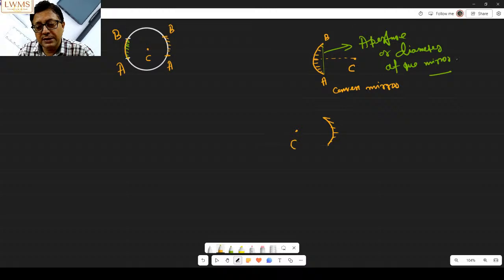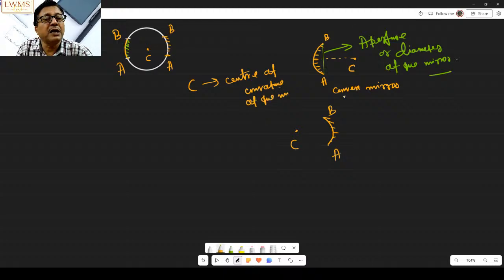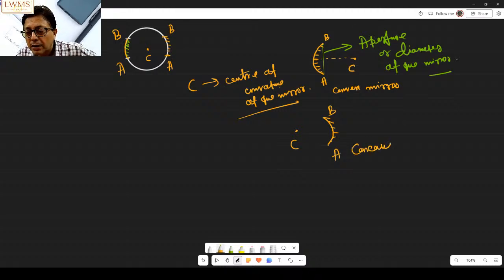For the glass sphere, this is the center, and for the mirror it is the center of curvature, and C stands for the center of curvature of the mirror. Clear? So this one is a concave mirror.